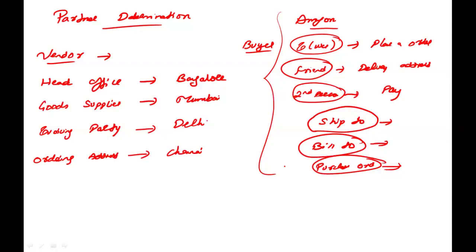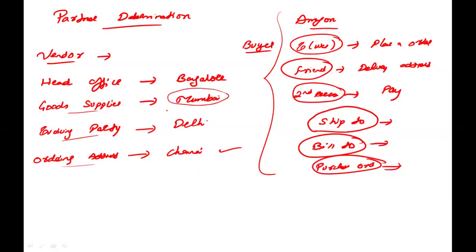If you speak in the perspective of procurement or purchase, the supplier will tell you to place the order. I'll receive the purchase order in Chennai. I'll process my purchase order in Chennai and I'll forward this purchase order to the invoicing party and the goods supplier. And I'll ask my Mumbai branch to manufacture the material.